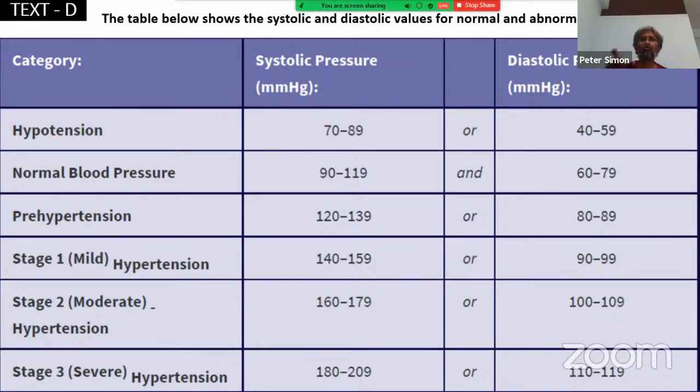The table below shows the systolic and diastolic values for normal and abnormal blood pressure. Abnormal again is two types, above and below. Normal is the normal range. Abnormal may be above and below: hyper and hypo.